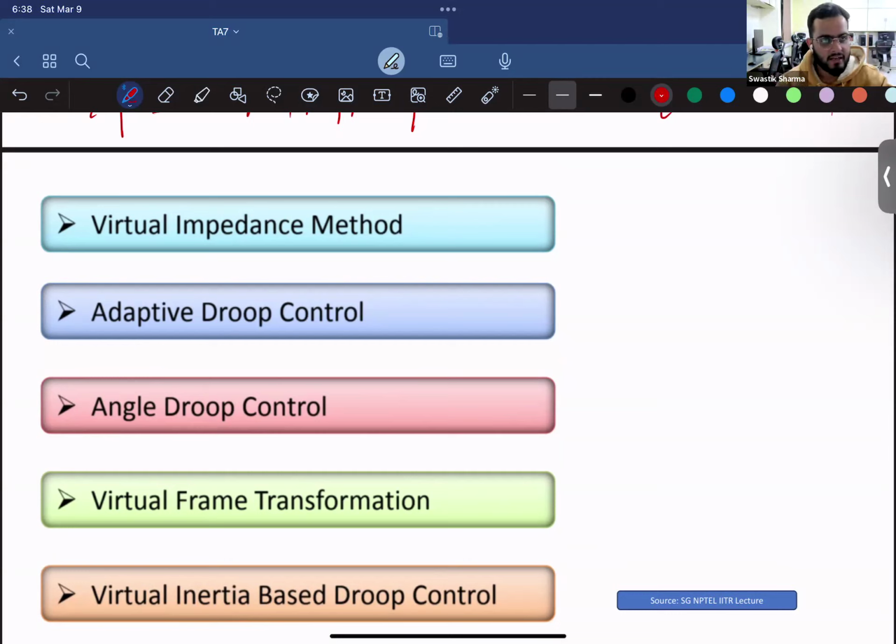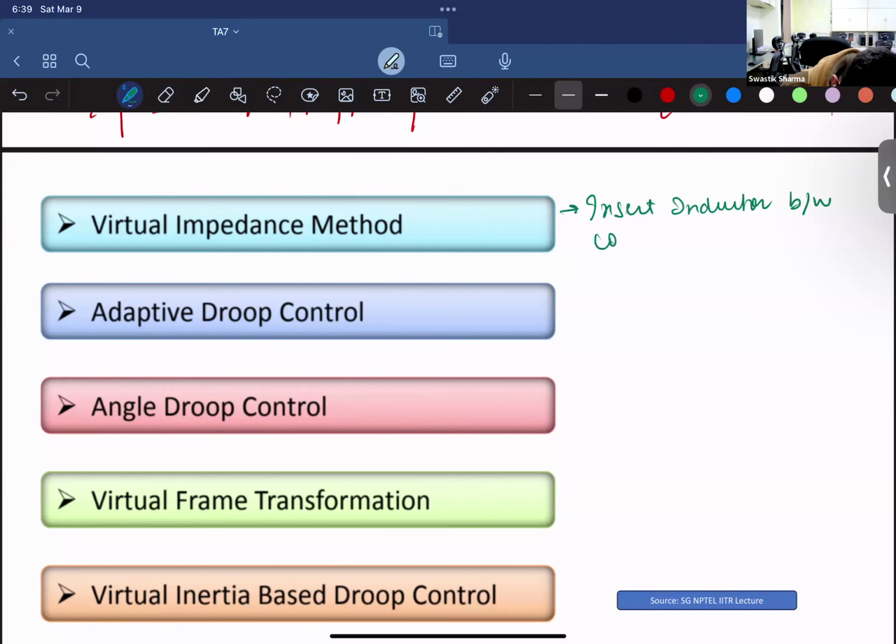This inductor makes the impedance look as if the R by X ratio is very low, and hence a better droop control can be done on the inverter side of the system. This is the use of virtual impedance. So we insert an inductor between the converter and the AC bus.